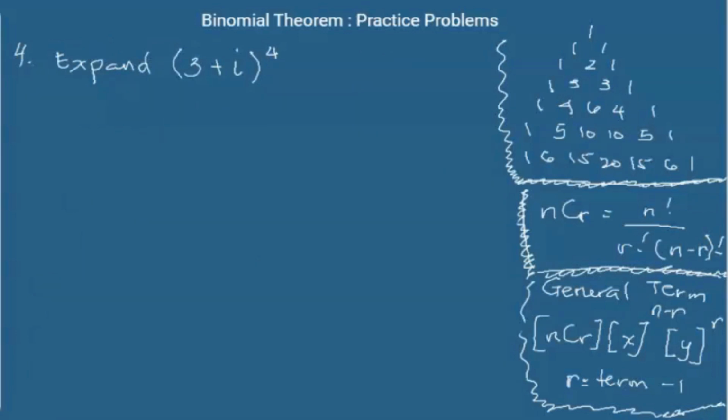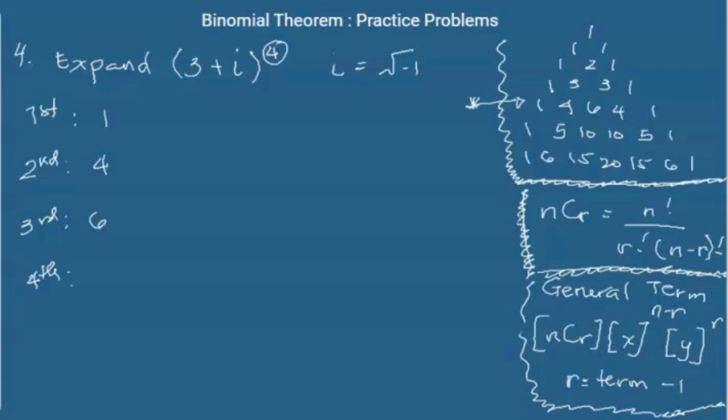Let's try this number. Expand (3 + i) raised to the 4th power. We know that i is an imaginary number, which is equal to the square root of negative 1. Since it's raised to the 4th power, that is the 4th row of the Pascal triangle. So our first term has a binomial coefficient of 1. Second term has a binomial coefficient of 4. Third term is 6.